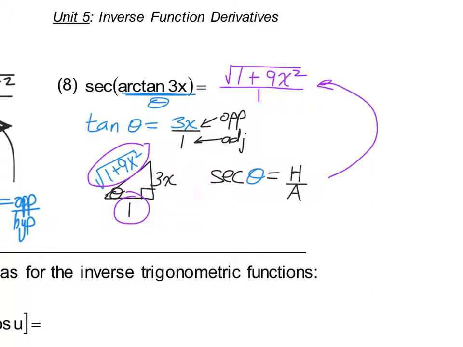When you start getting into secants and cosecants when taking the derivative, a substitution of algebraic expressions might make more sense because the derivative of secant of just x is secant x tangent x. So if I were taking the derivative of this, it would be secant of the arctangent of 3x times tangent of the arctangent of 3x, that part will actually be nice, times the derivative of the arctangent of 3x.